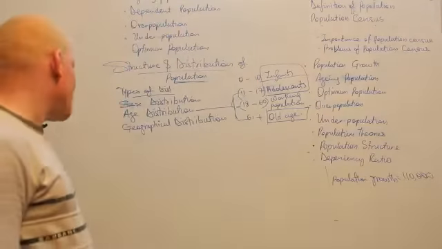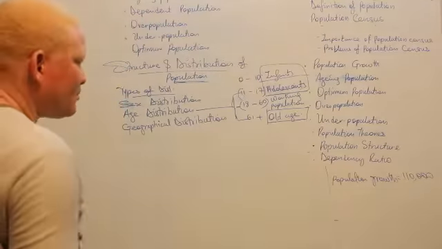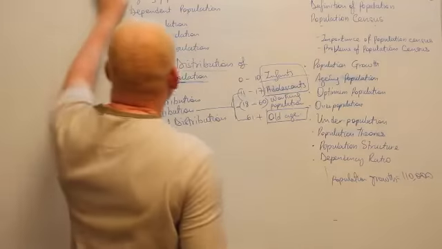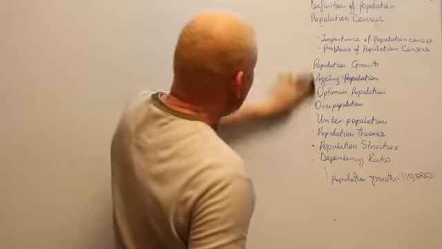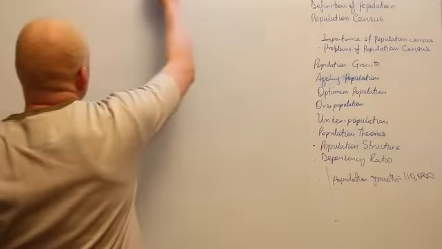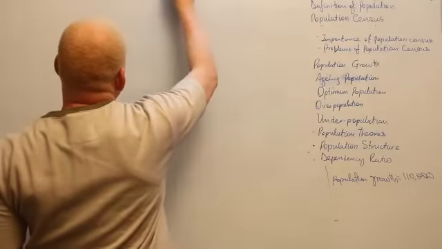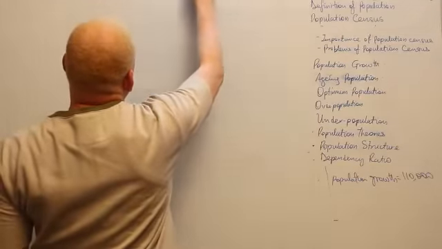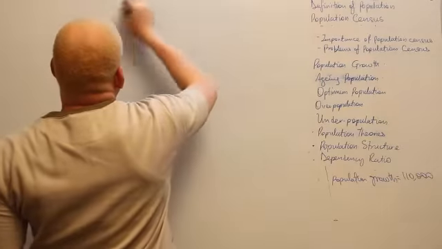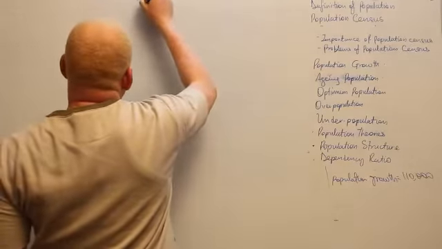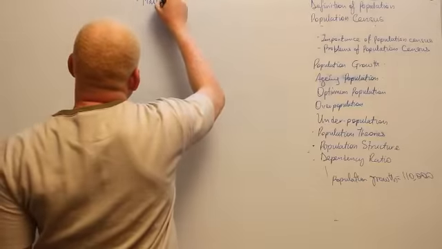Now, last but not least, on that you have population theories. We have the population theories. The first one, we have what we call the Malthusian theory.